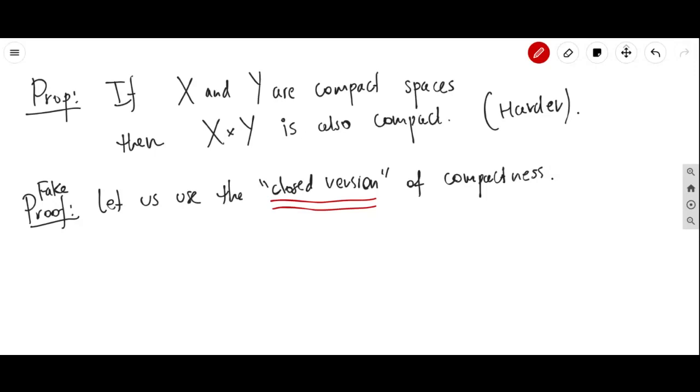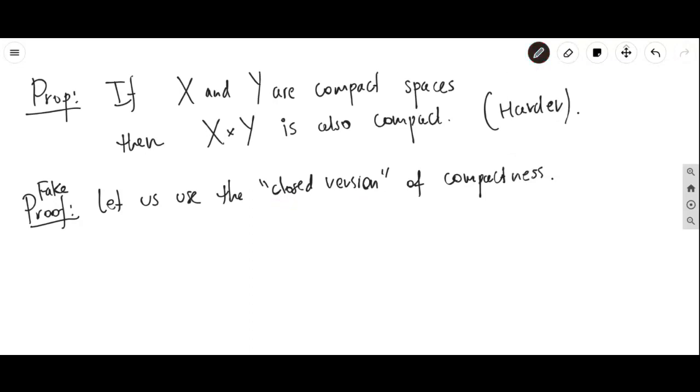When we presented a proof of the Heine-Borel theorem for the unit interval, we did it using closed sets, something that no one else seems to do. I wanted to overly emphasize that you can use the closed version, and you should be comfortable using it, because when you look it up in Moncrief and other sources, they will almost exclusively do it with open sets. So you'll get to see plenty of versions like that. For the sake of variety, I thought it would be beneficial to do it with closed sets. I'm going to use the closed version again.